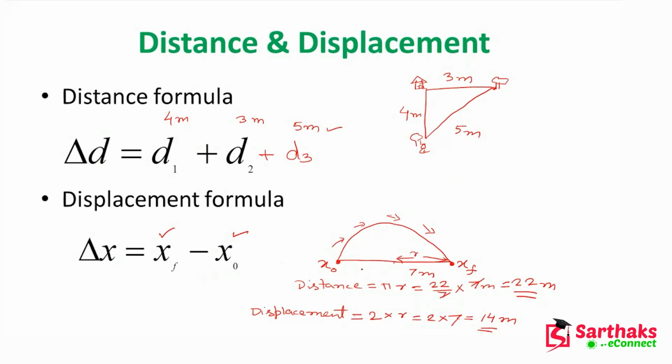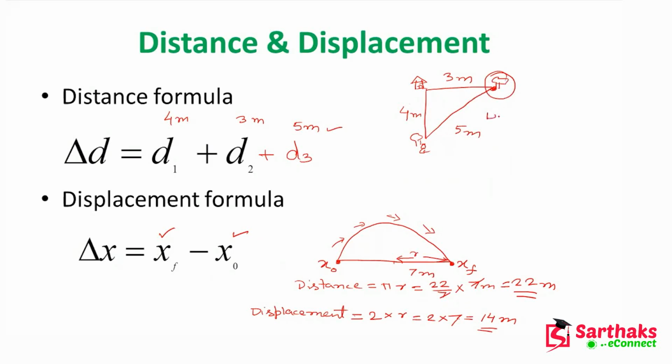In case of displacement, we have to get the difference between the final position and the initial position, right? Here this is twice. Now suppose the person, he or she reached here in this point. So how much distance has he covered? 4 plus 3, 7 meter. But how much is the displacement? That is 5 meter.